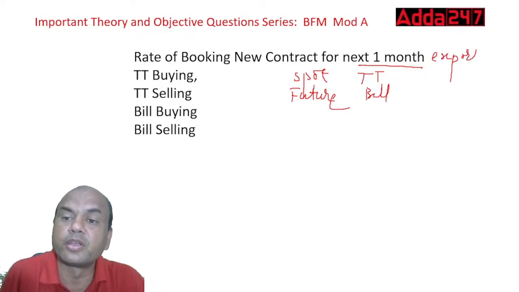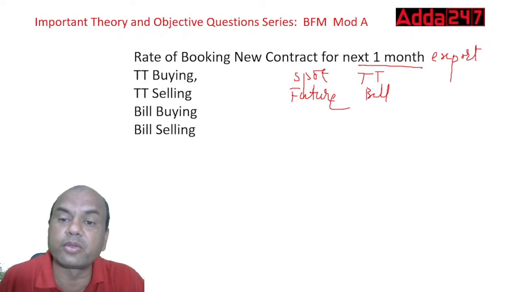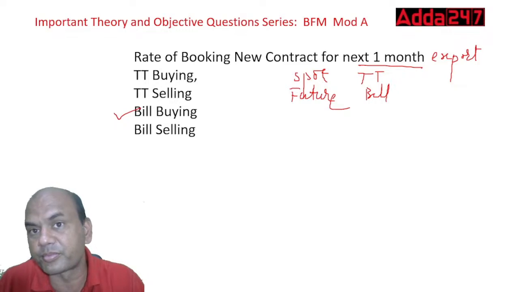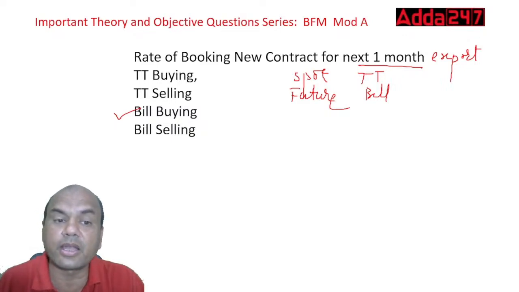Export means buying, so I'll be using the bill buying rate. If it's import, then I'll be using the bill selling rate. So for next 1 month export, you'll be doing it at the bill buying rate.